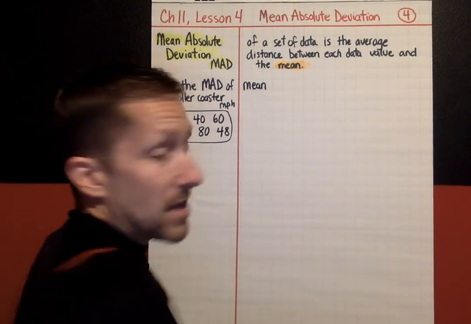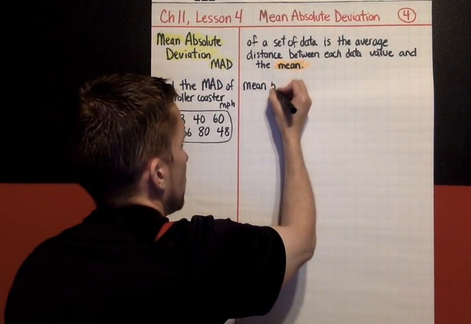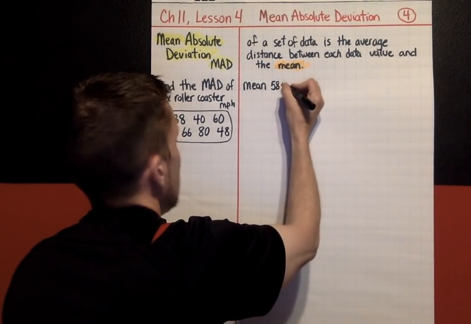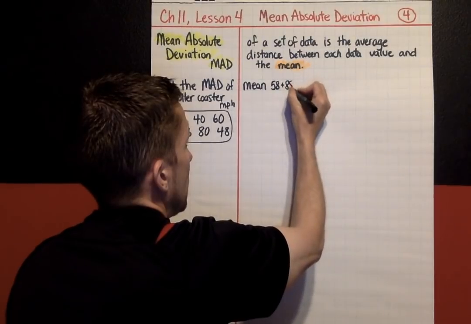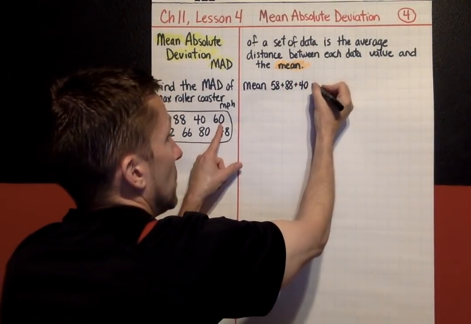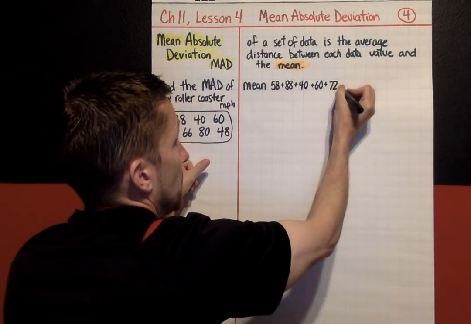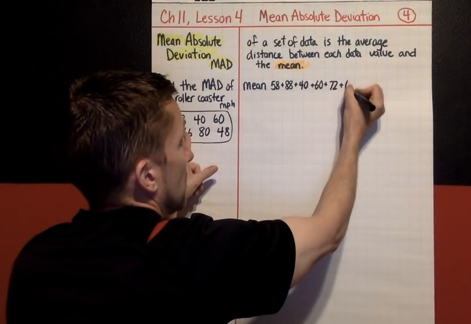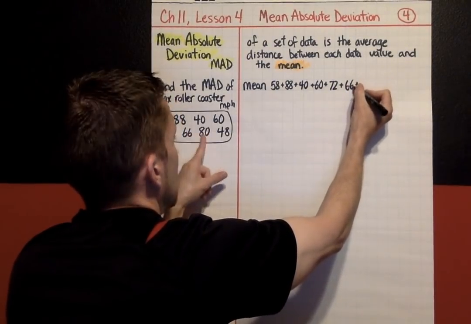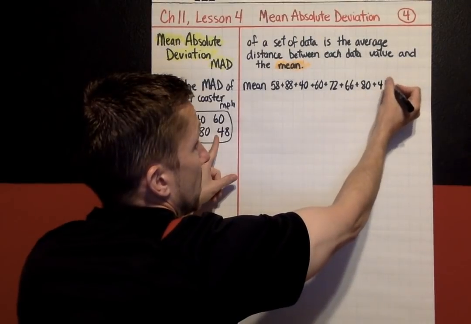Find the mean, and again, this is where you've got to write carefully and add carefully with your calculator. 58 plus 88 plus 40 plus 60 plus 72 plus 66 plus 80 plus 48.